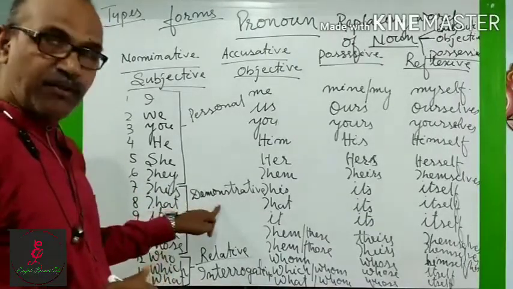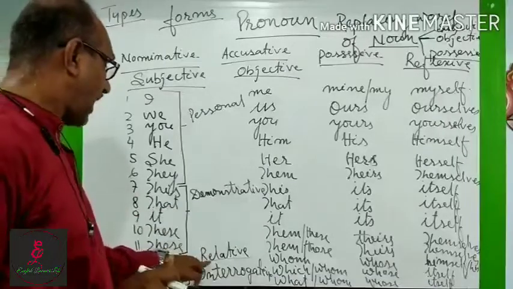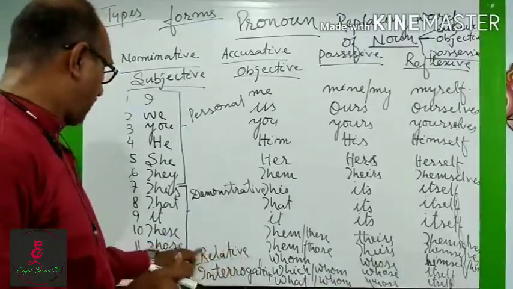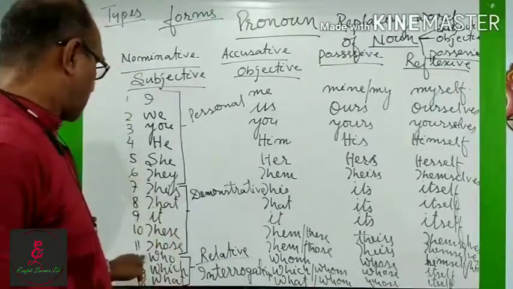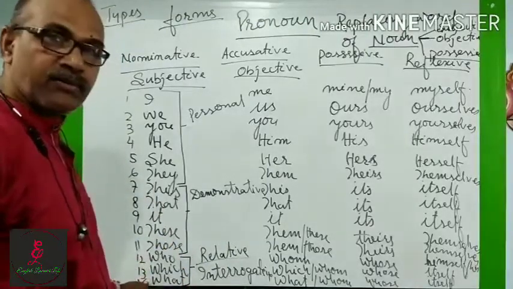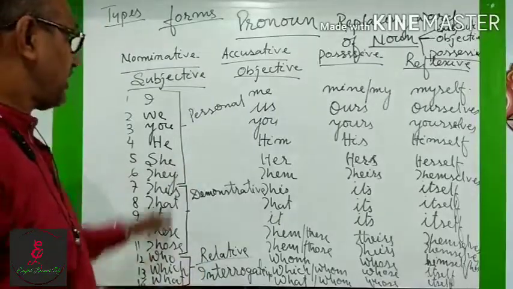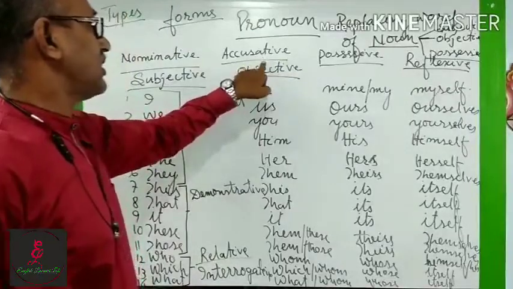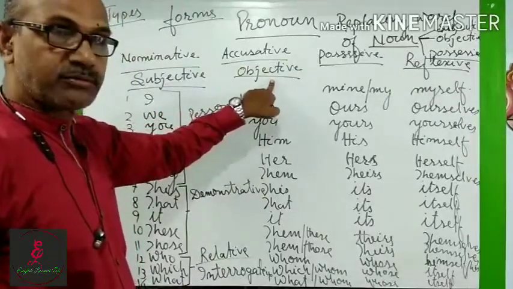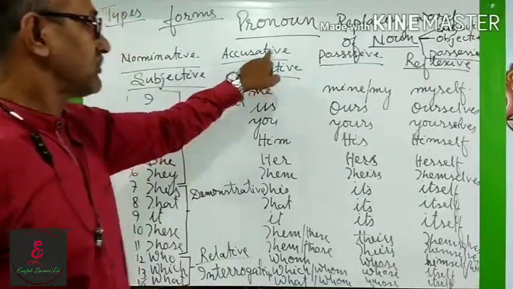That is the second type of pronoun. Third is relative pronoun, where we get who, which and what. For interrogative, the same who, which and what. And then another comes, here are 4, and the fifth one is objective pronoun or accusative pronoun.